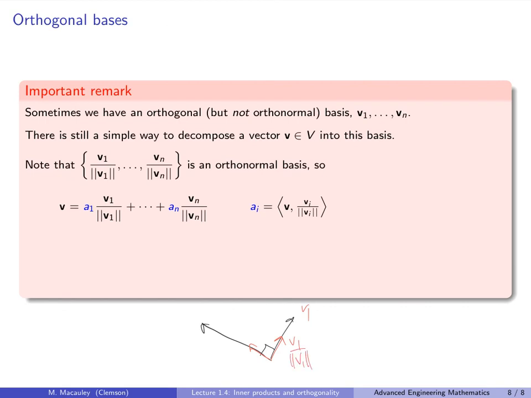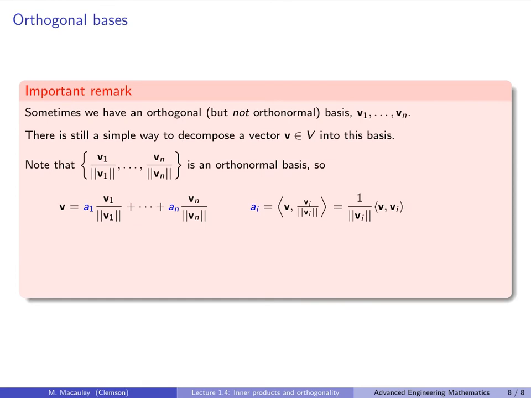Well, that doesn't change the angles, that just changes the lengths, scales them down to 1. So if this is an orthonormal basis, that means that you can decompose your original vector v into this orthonormal basis by projections. So ai is just v dot vi normalized.